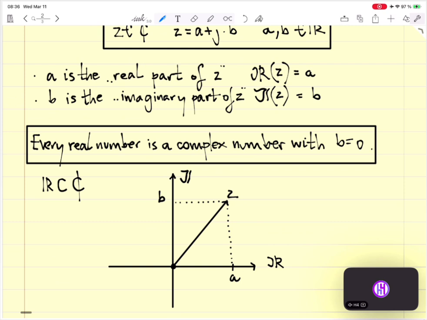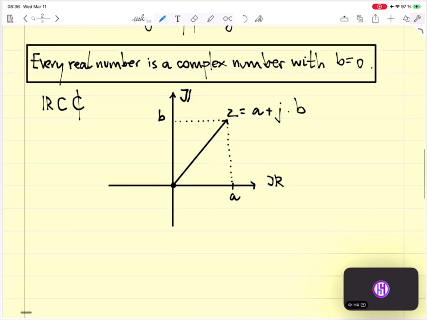Yeah, so now what happens if we take this z, which is a plus j times b, and we multiply this guy times j? What would happen? What is z times j?